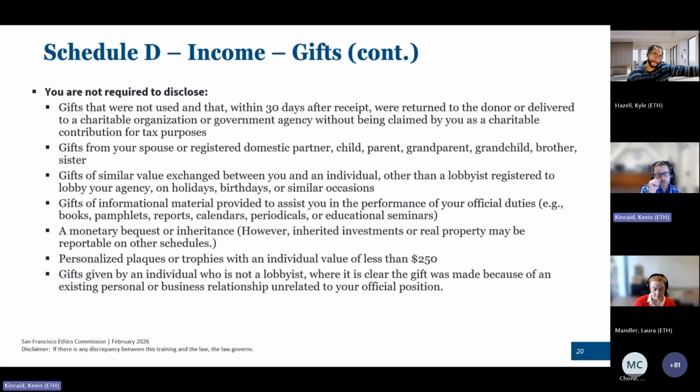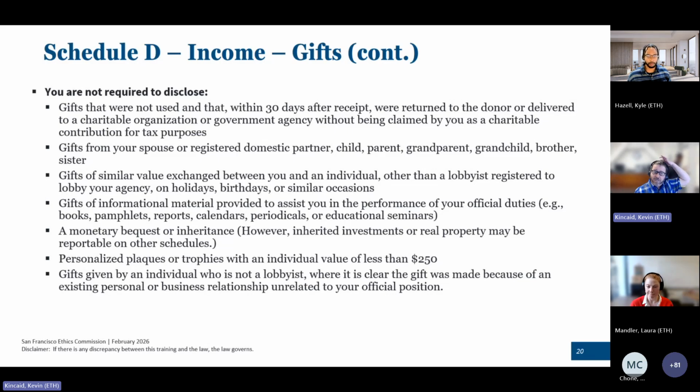You don't disclose it. Gifts from your spouse or registered domestic partner, child, parent, grandparent, grandchild, brother, sister are not required to be disclosed. Gifts of similar value exchanged between you and an individual other than a lobbyist registered to lobby your agency on holidays, birthdays, or similar occasions are not required to be disclosed.